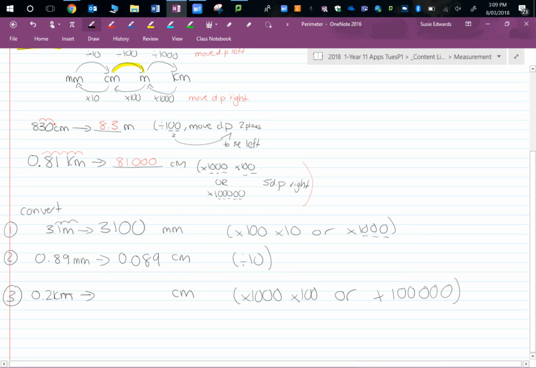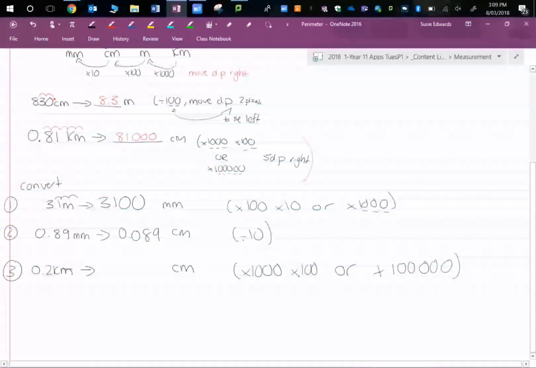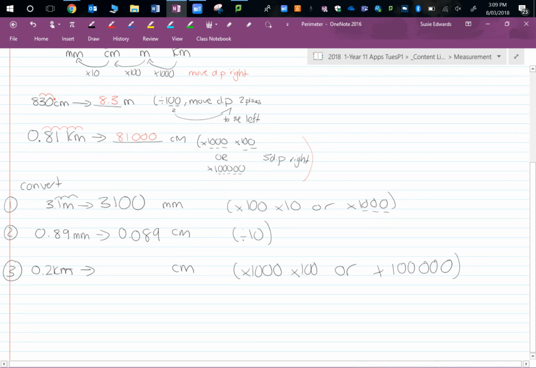Which means we're moving the decimal place how many places? 5 to the right. So 1, 2, 3, 4, 5. How many zeros are going to be added onto that 2? 4. Not 5. So be aware, it's not adding zeros to your answer, it's moving the decimal place. 20,000 centimeters. Everyone okay with that?